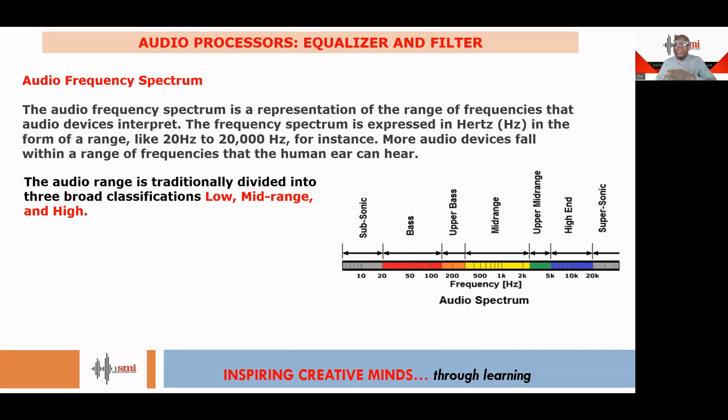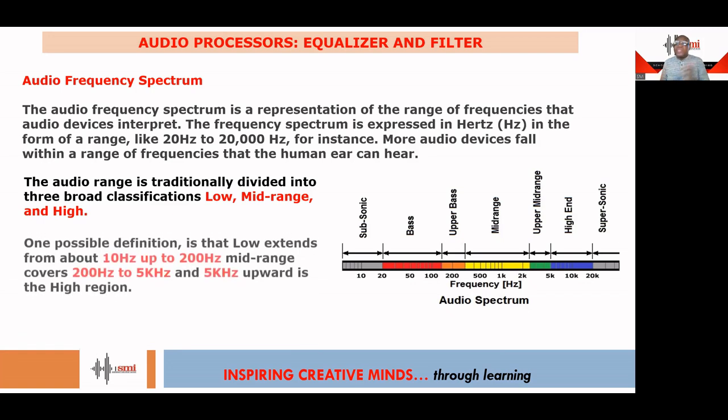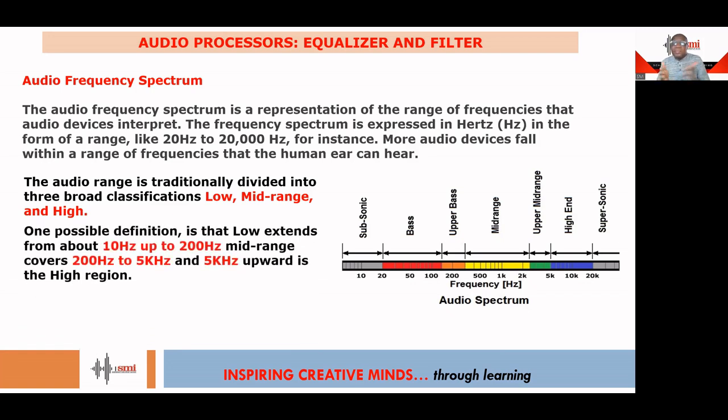But you can subdivide it into several portions. One possible definition is that the low extends from about 10 up to 200 Hz. The mid range goes from 200 Hz to about 5 kHz, and from 5 kHz upward is the high frequency.